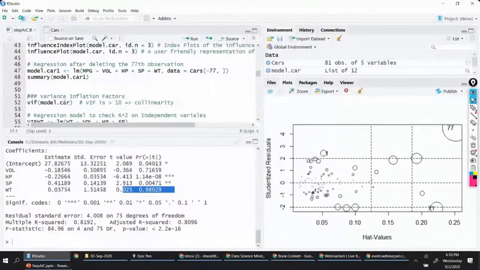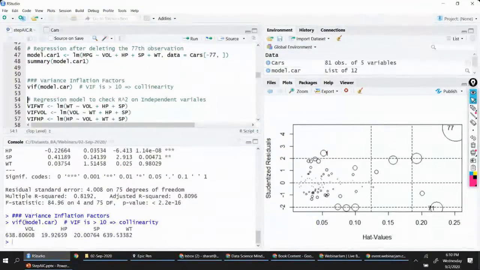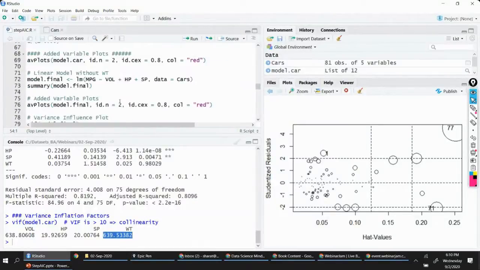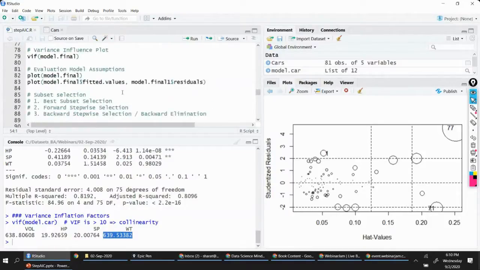And in R, we have the VIF function, which basically talks about this collinearity. And you can see among all, weight has the highest correlated value, right? Now, you have to do so many things to decide what is the best feature set among the four variables that you have.